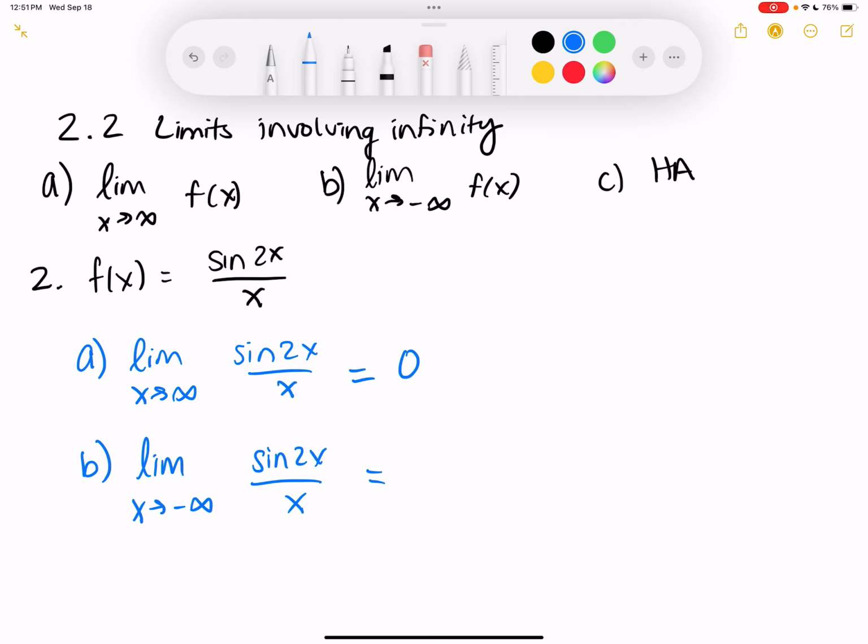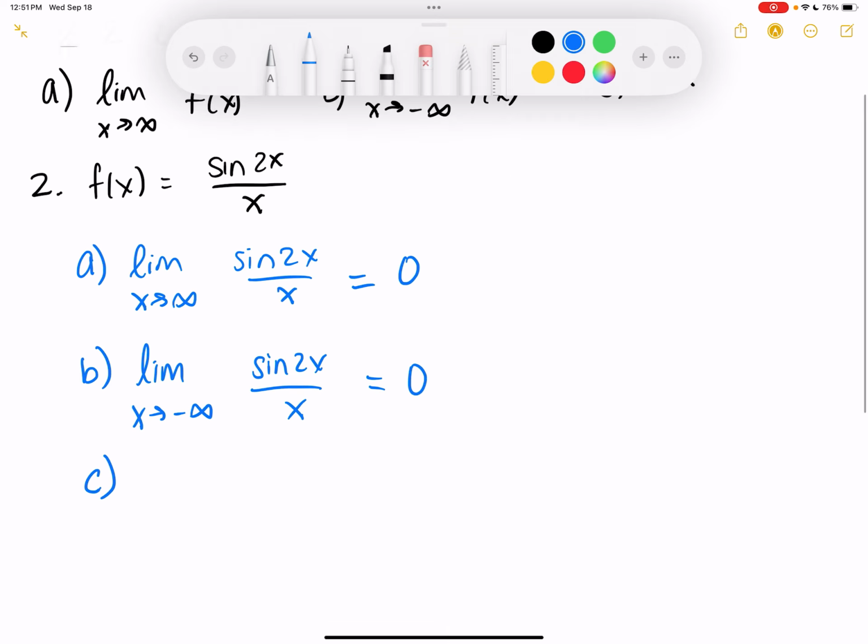Same thing. It'll just be negative 0.00000001 versus 0.00000001. Same thing. And then as far as horizontal asymptotes, what do we think about this one?